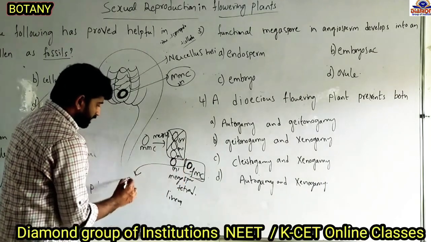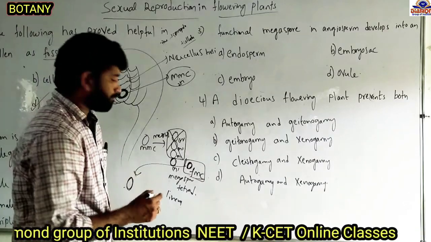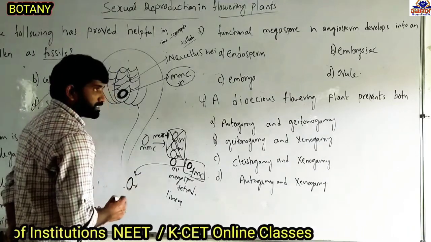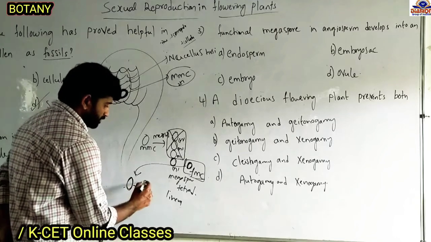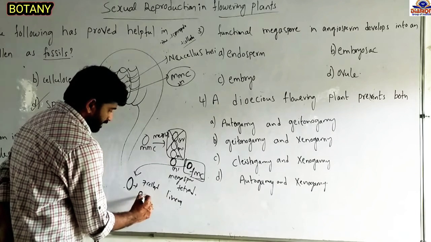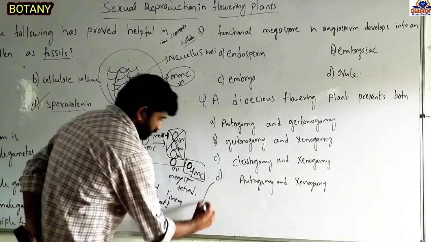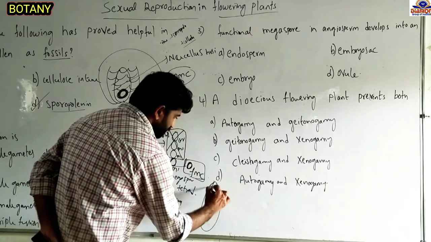This can undergo mitotic divisions, three mitotic divisions, and form a 7-celled, 8-nucleated structure. That is what we call the embryo sac.